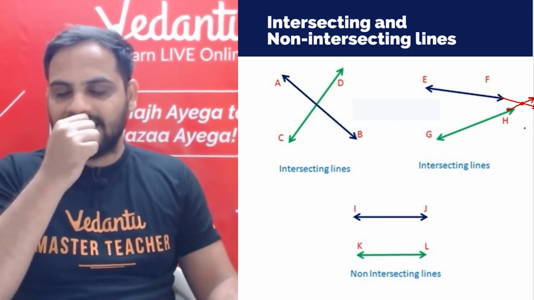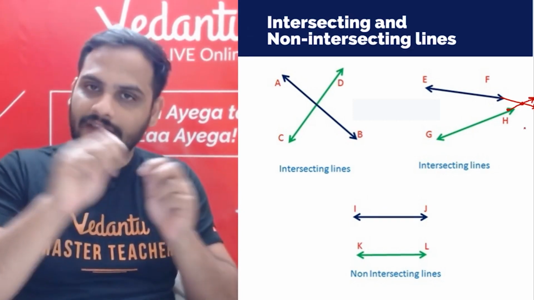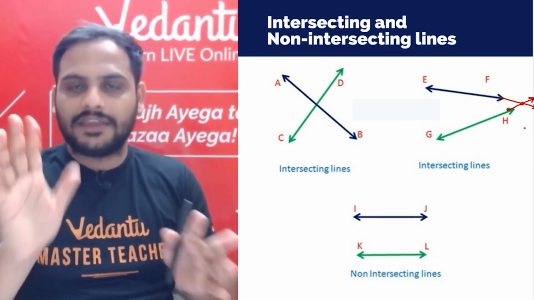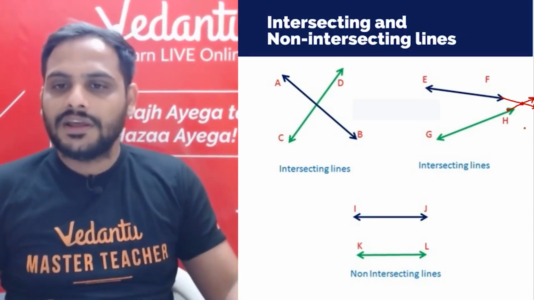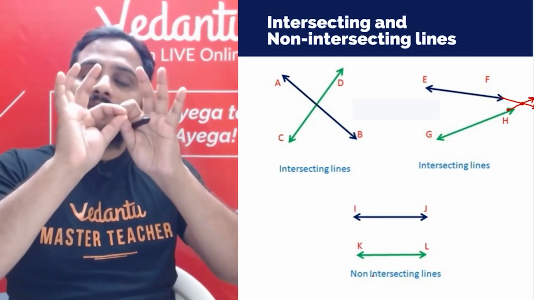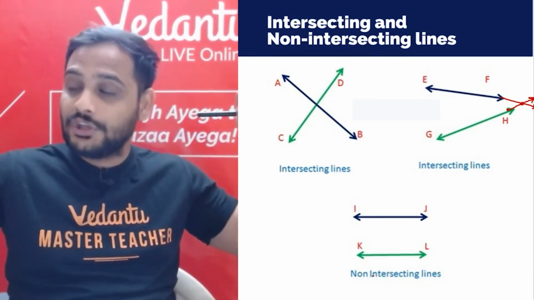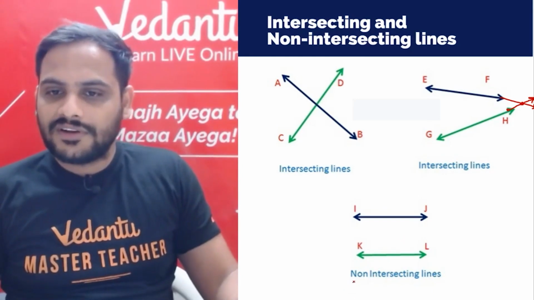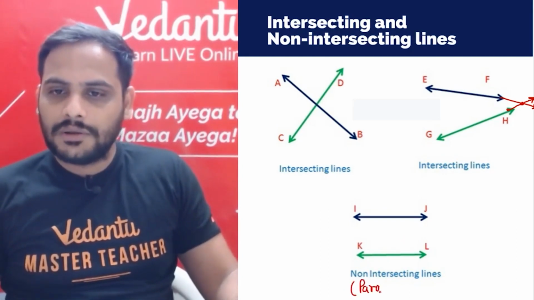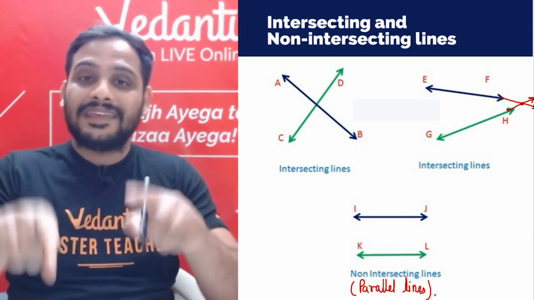So intersecting lines will be those lines which, like given intersecting or upon extension, will intersect. Non-intersecting lines means you extend them as much as you want, but they will never intersect.